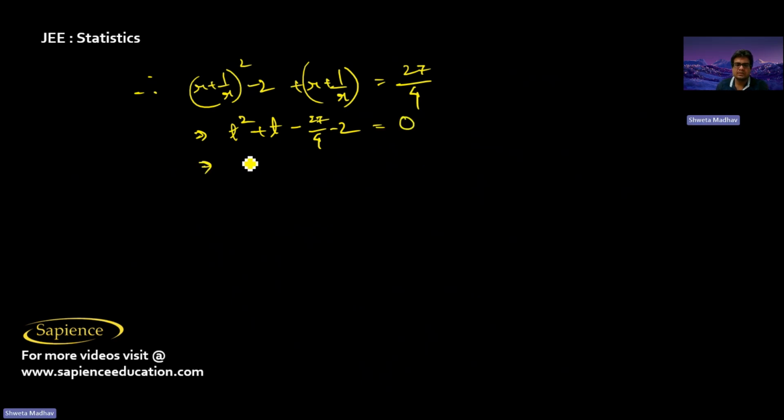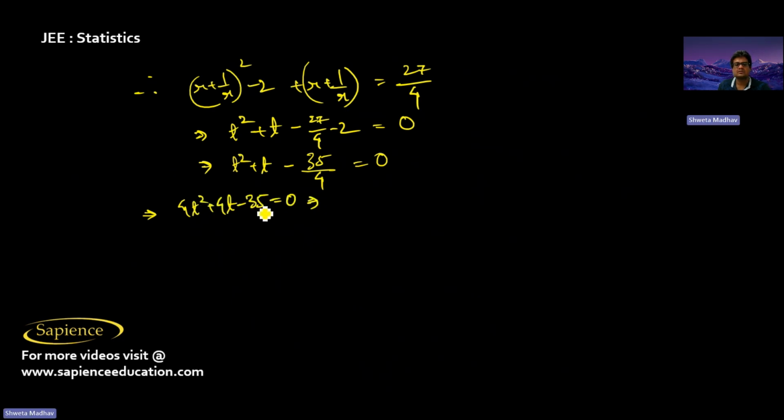So I can say that this will be t square plus t minus 35 by 4, that is equal to 0. So therefore this will be 4t square plus 4t minus 35 equal to 0.